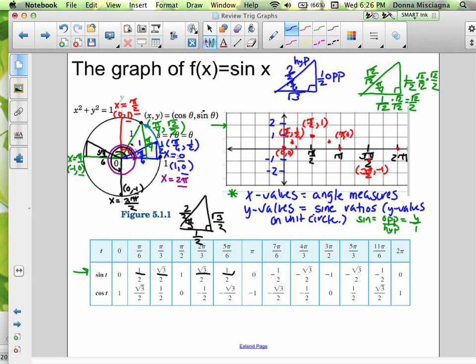This is 5 pi-6. But inside that triangle, we know the reference angle over here would be pi minus 5 pi-6. So that's pi-6. Opposite pi-6, that's 30 degrees, is the 1. This would be the square root of 3, and this would be 2.